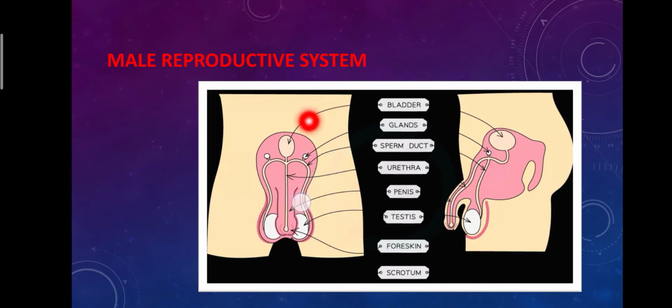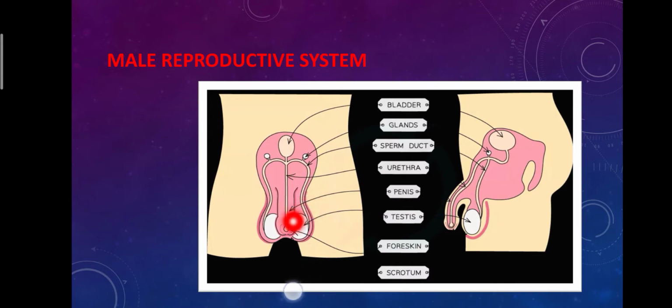This diagram is showing these structures. Here is the bladder. Similarly, in this diagram, bladder is here. Glands are present here. Sperm duct, this area is showing the sperm duct and here is the sperm duct. Urethra, this tube is showing the urethra and urethra is present in this area in that diagram.